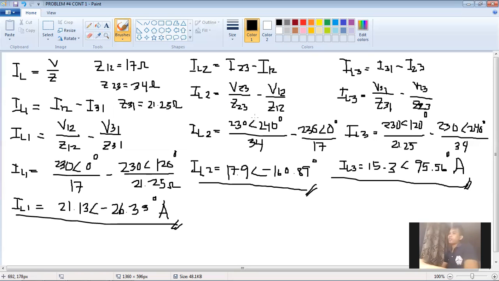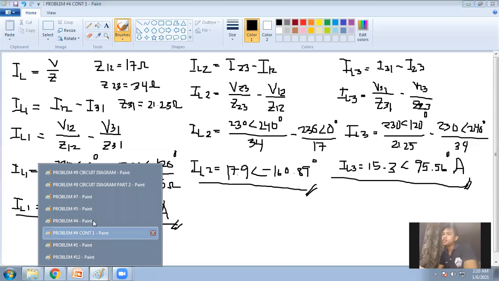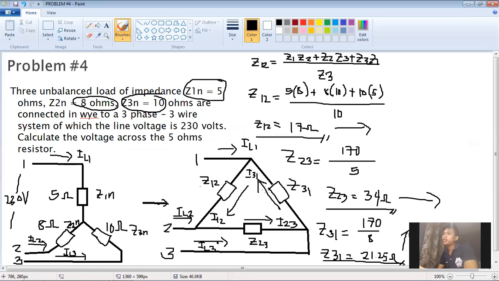And as you can see, the reason for 240 degrees is because, based on the diagram, the Z23 in the phasor diagram goes like this. So basically, the Z23 is here. That will be 240 degrees.